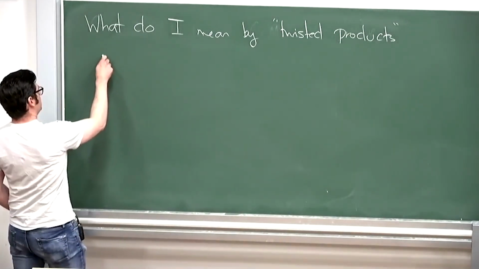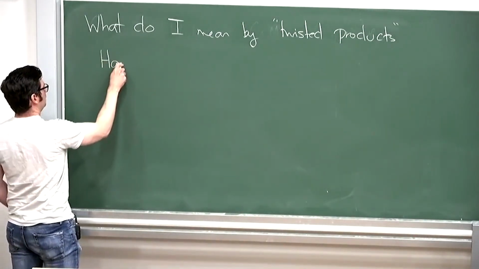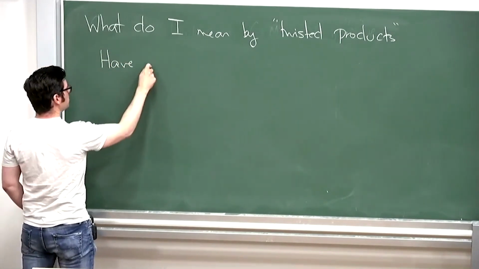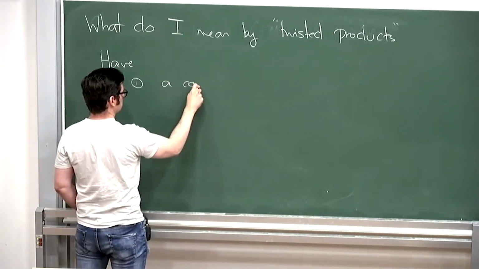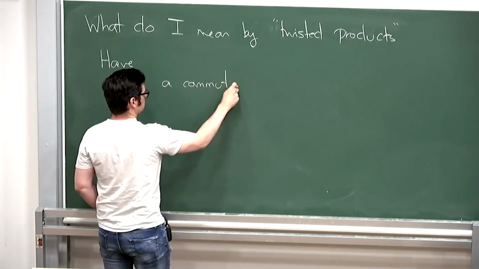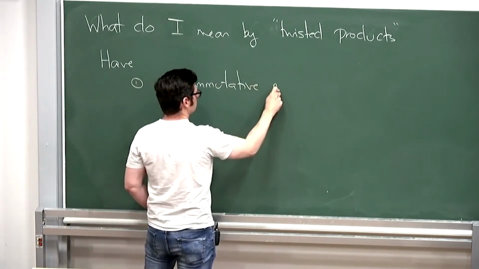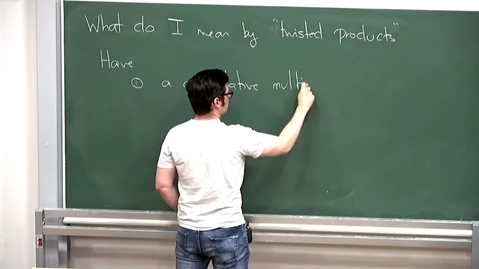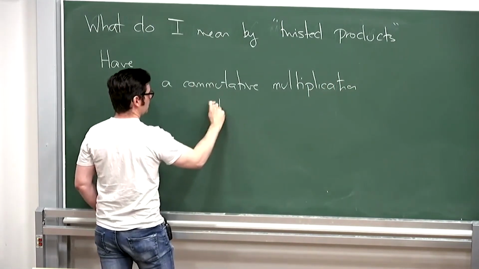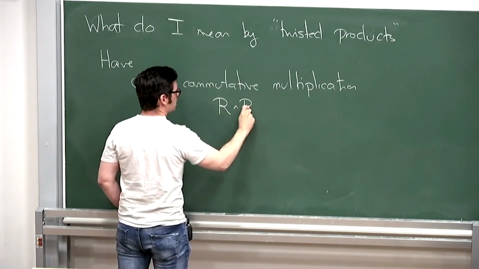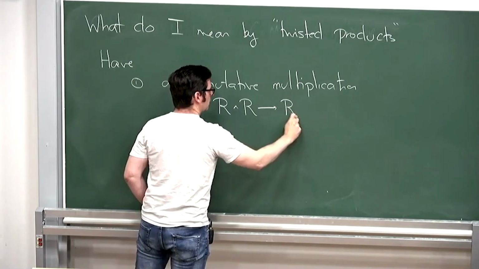I want to have, say, a commutative multiplication from R smash R back to R.